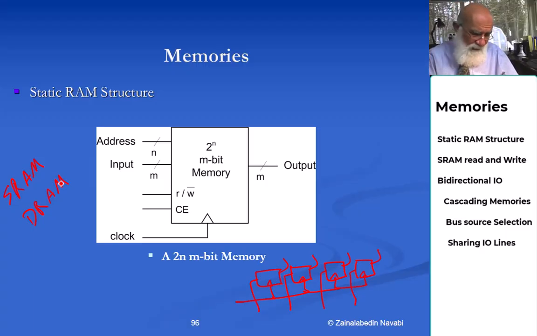We also have ROMs, meaning that you have written into them once and you can only read from them, which is read-only memory. We have non-volatile memories, meaning that the memories are written into, and if the power is removed, you still have the contents available.